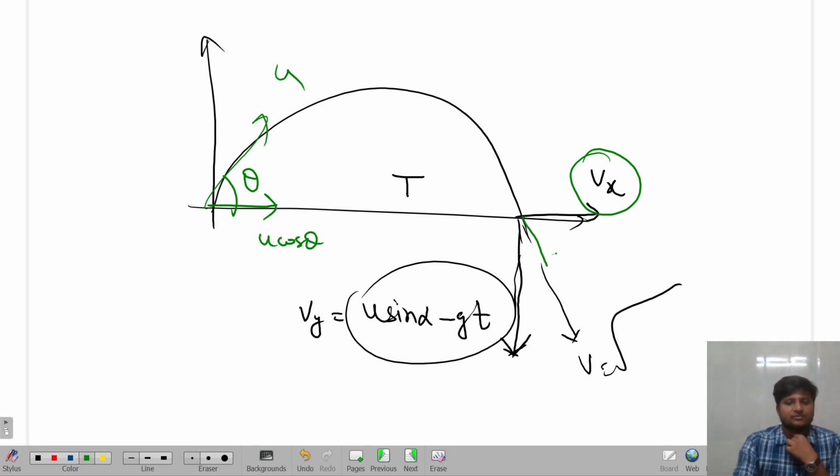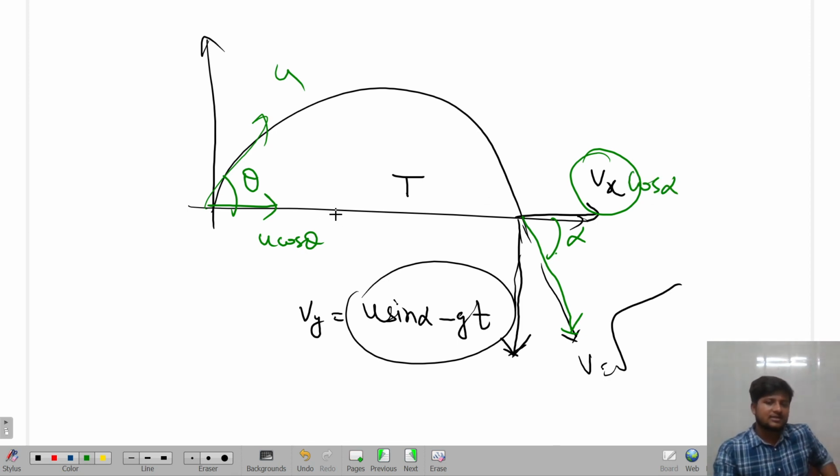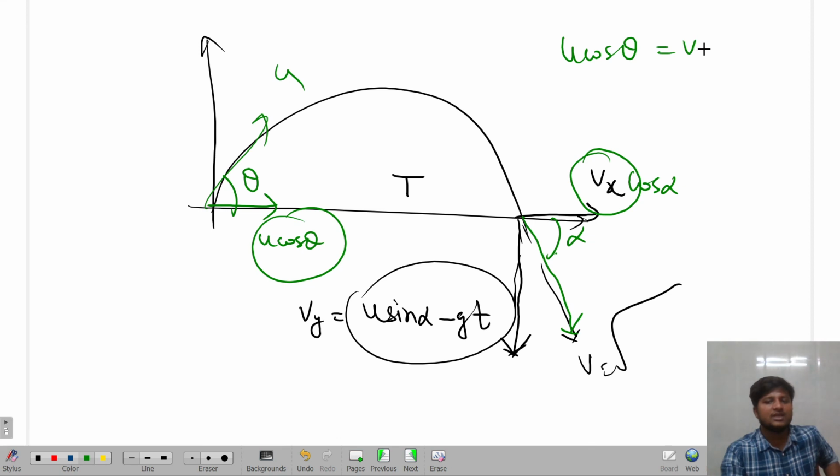Let's suppose the particle hits the ground at some angle alpha with the horizontal, so we have one component V cos alpha. Since there is no force along the horizontal direction, u cos theta should be equal to V cos alpha. This is the general rule.